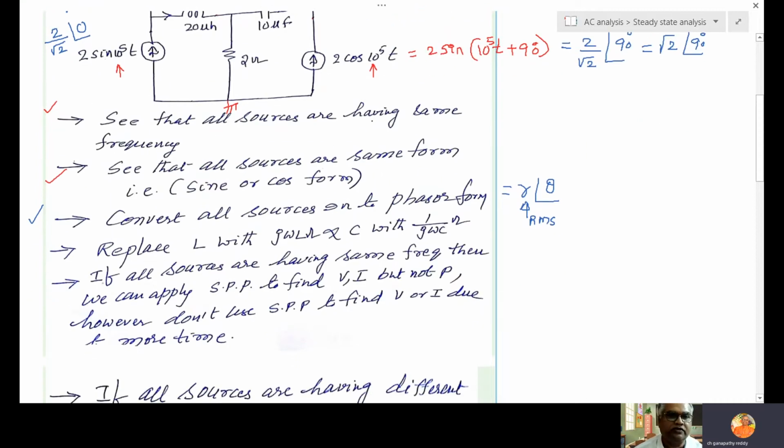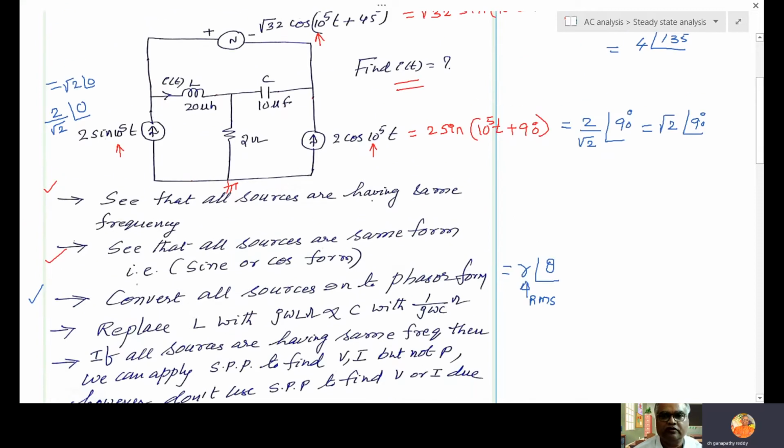The next step: replace inductor with j omega L, capacitor with 1 by j omega C. So what is inductive reactance? XL equals j omega L, that is j, omega is 10 power 5, into L, 20 micro, so 10 power minus 6. Simplify, you get 2j ohms.